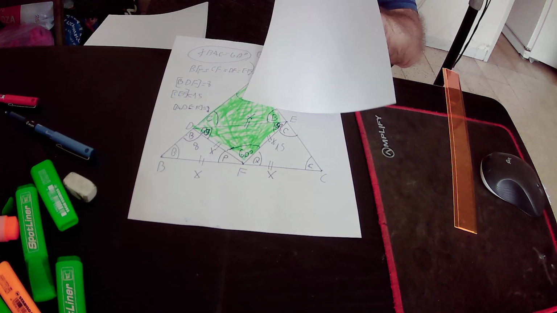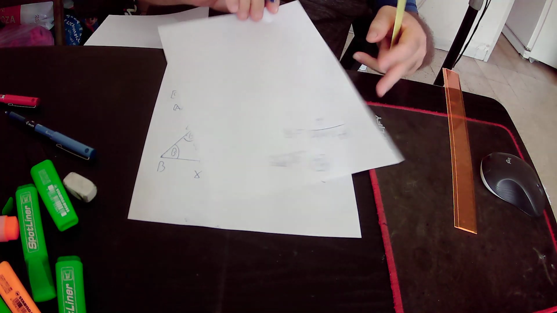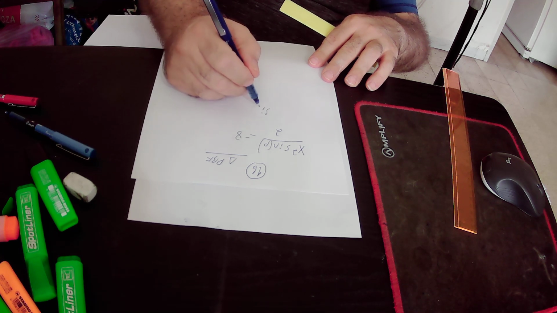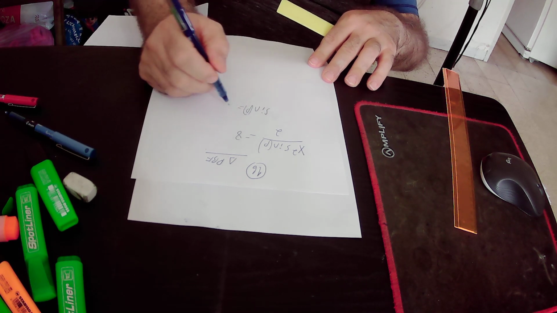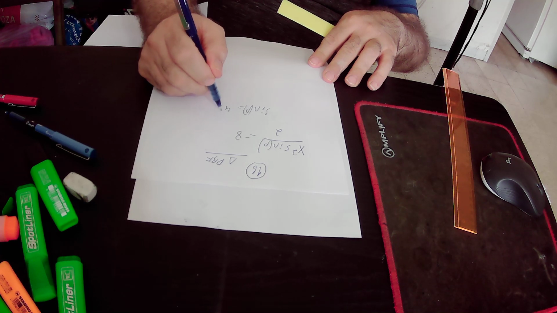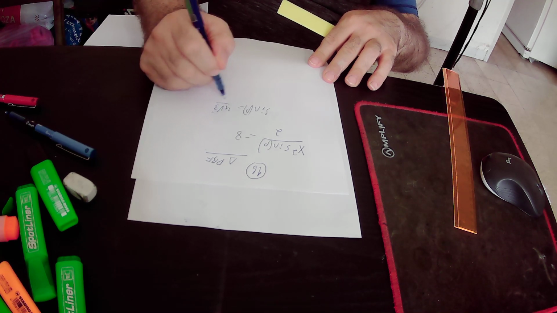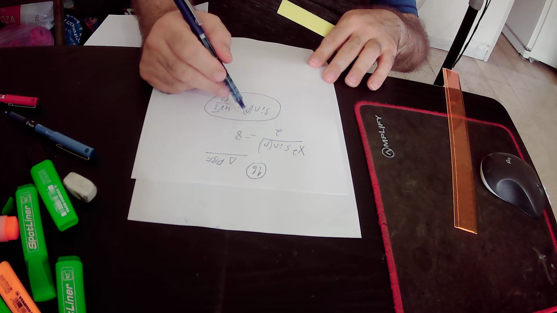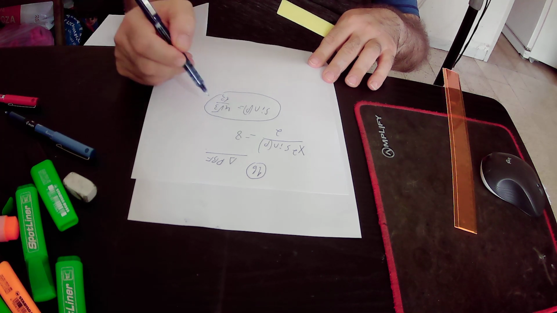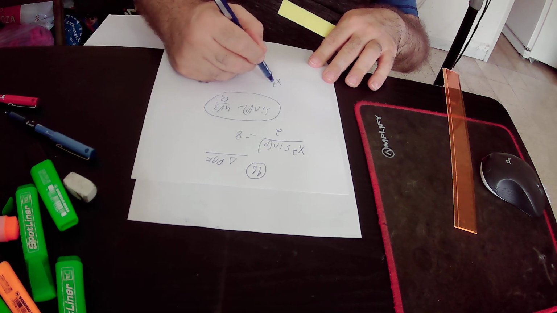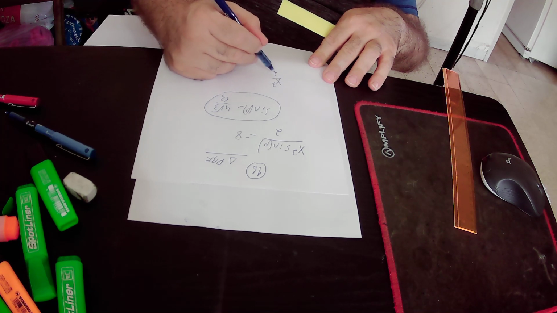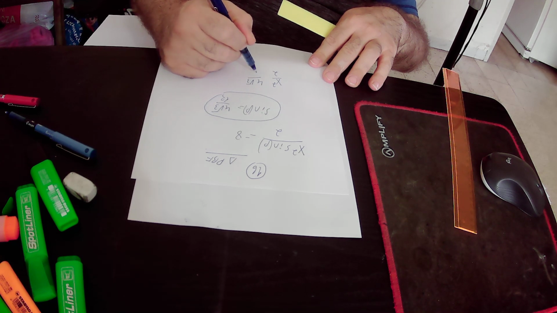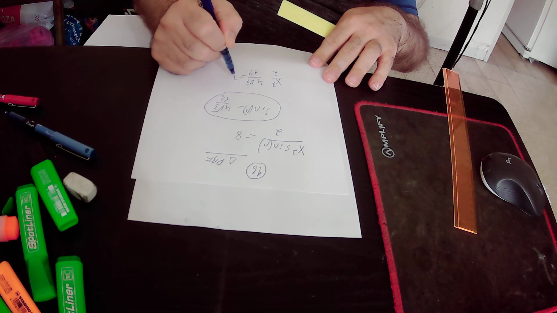But we have already found out that sine x equals sine P. Sine P equals 4 times root 3 over 13. So we can substitute sine P in this equality by 4 times root 3 over 13, and we will get that x squared over 2 times 4 times root 3 over 13 equals 8.